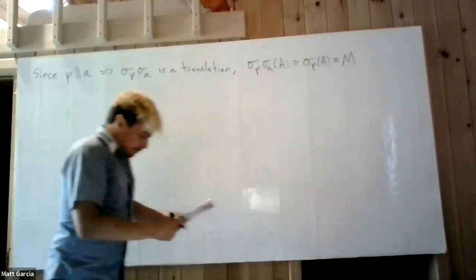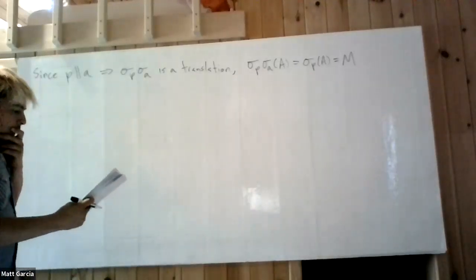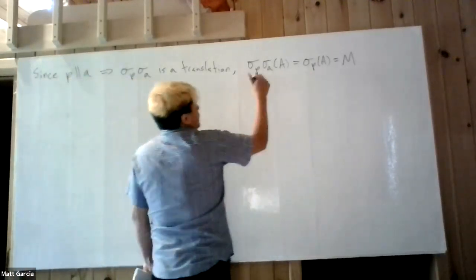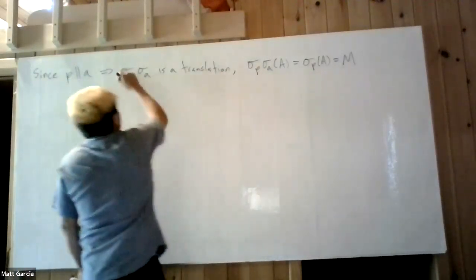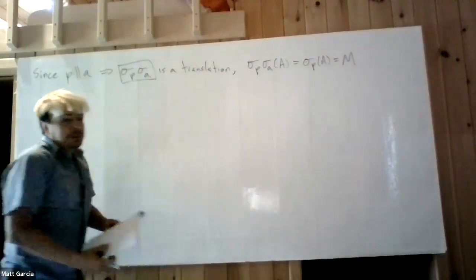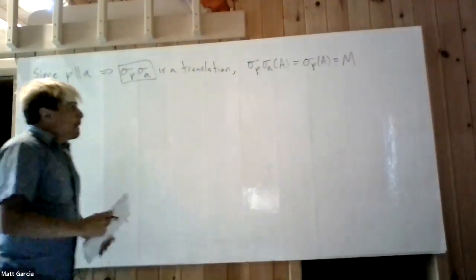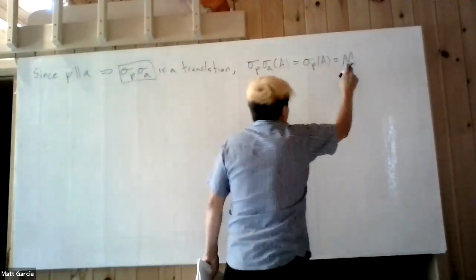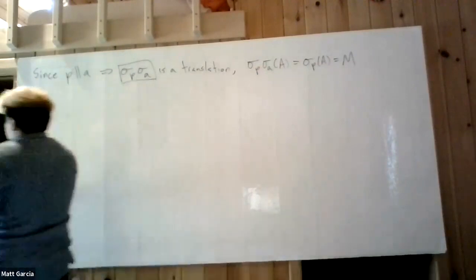So in other words, this translation cannot be an element of the group F because it takes A to M, right?